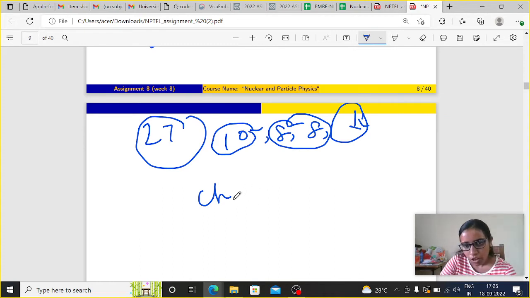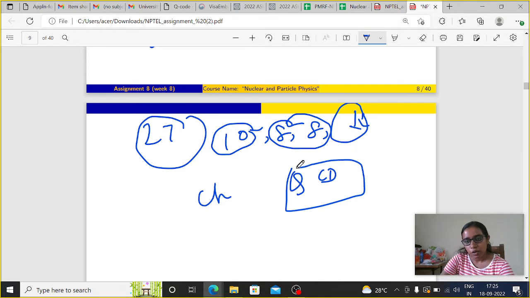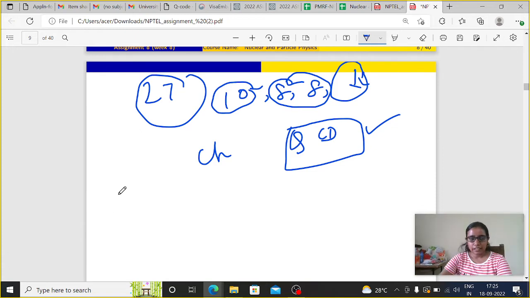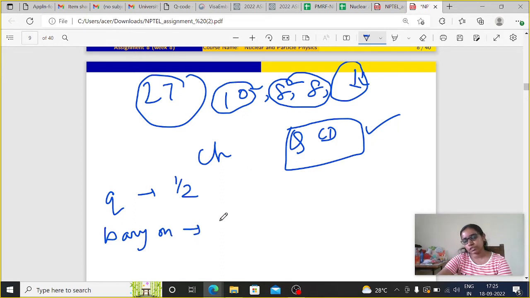QCD, Quantum Chromodynamics. So why is QCD coming in the picture in elementary particle physics? Basically, we all know that quark is a spin half particle, right? And if I write any baryon, then what is the configuration for baryon?